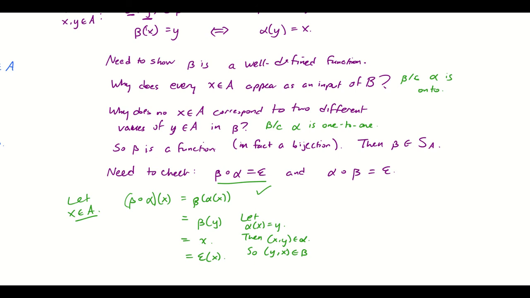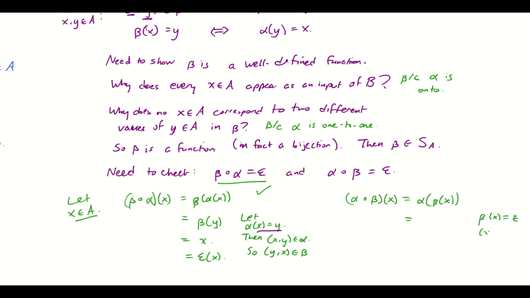And then what about alpha compose beta? Well, what is alpha of beta of x? Well, that's equal to alpha of beta of x. And then this time, I probably better not say beta of x equals y, because I've already defined y over here, and it wasn't defined exactly that way. So let's say that beta of x equals z. Just define a new symbol for that.